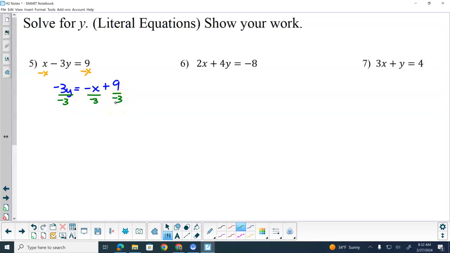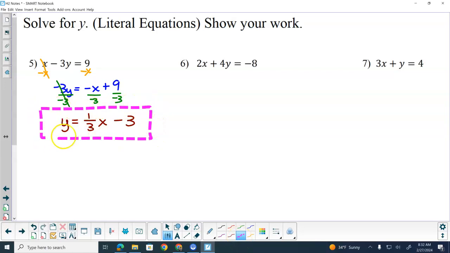If I do that, then these go away, leaving me with y equals -1 divided by -3, which is positive 1/3 x. Positive 9 divided by -3 is -3. So you should have gotten y equals 1/3 x minus 3 for that one. Yes or no? Okay.